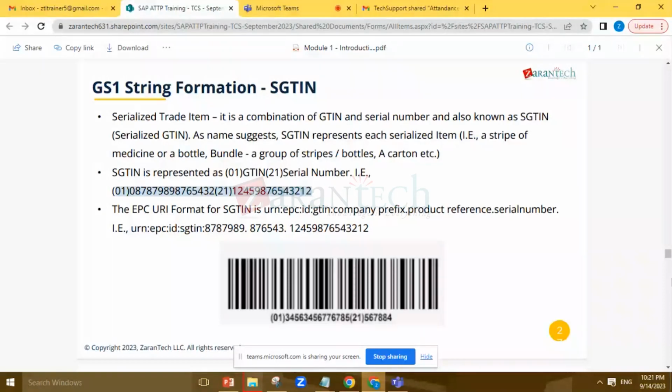At the time of picking, they will also count and reconfirm. At the time of shipping, they will also count and reconfirm. So these are the fundamentals of tracking and tracing. For example, the manufacturer says this pallet will contain 100 bottles, but when it is received at the warehouse, only 50 bottles are there.